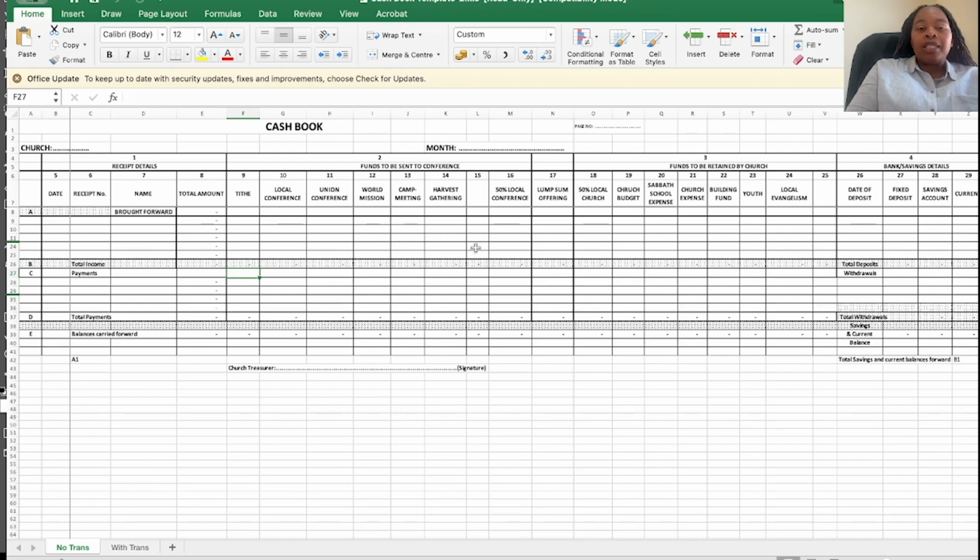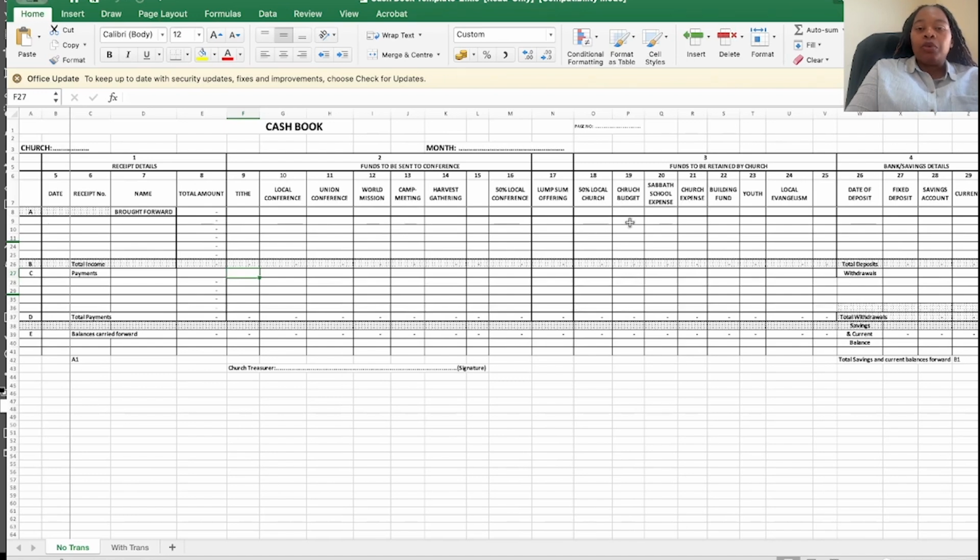And column 15 is a free column, whereby you can include whatever you need to include. Column 16 is the 50% local conference. The 50% local conference comes from the lump sum, which is column 17. So the lump sum, column 17, is broken down into 2, which is column 18 and column 16.